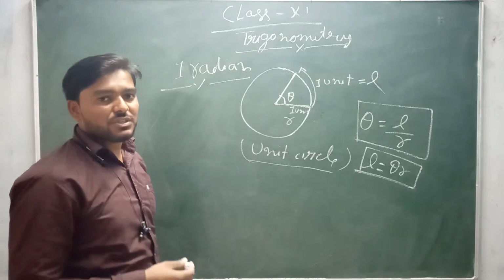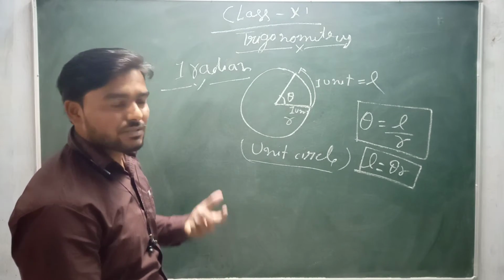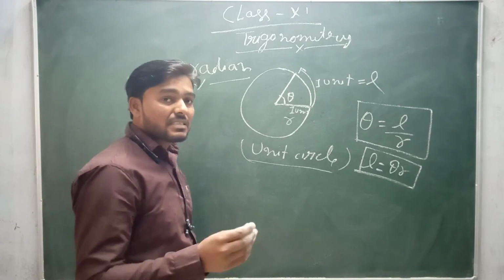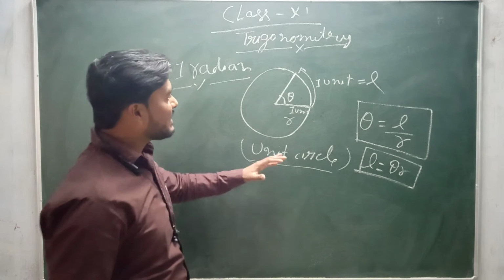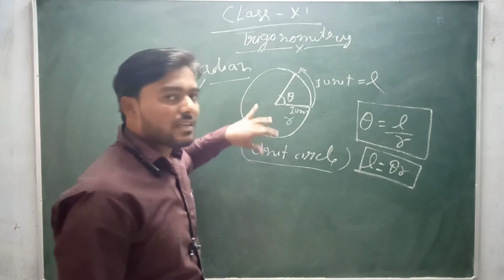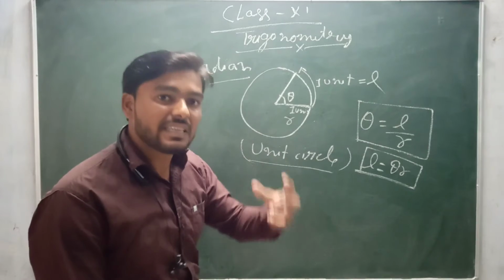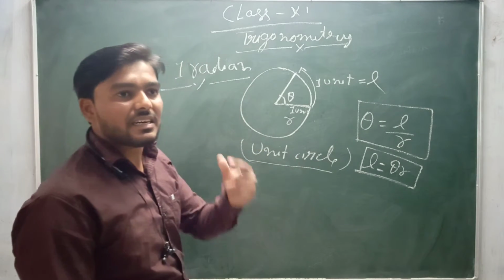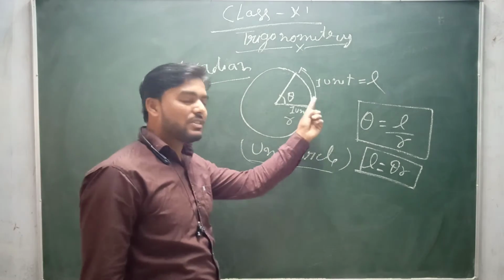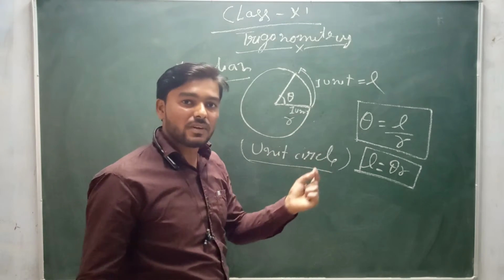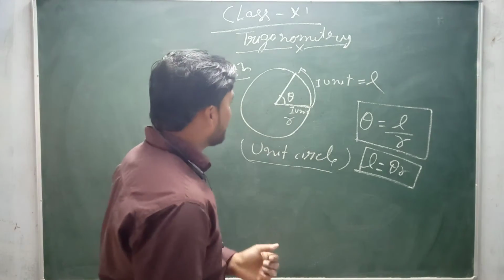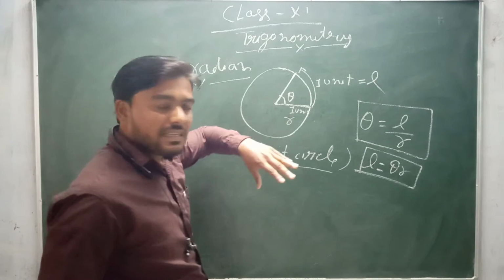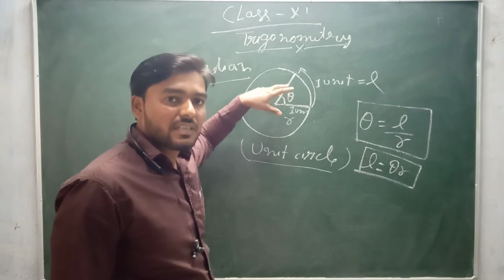This is the explanation of 1 radian. What is 1 radian? In a unit circle, if there is an arc of 1 unit, then it will be 1 radian. This will create an angle, let's call it theta.